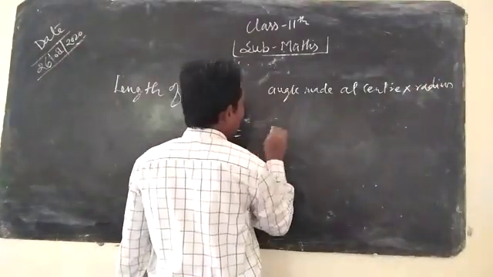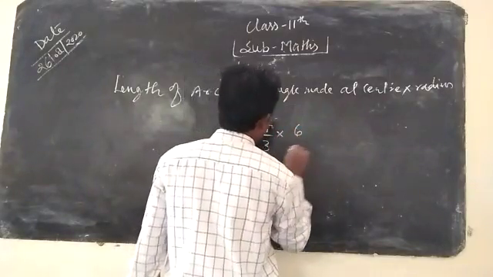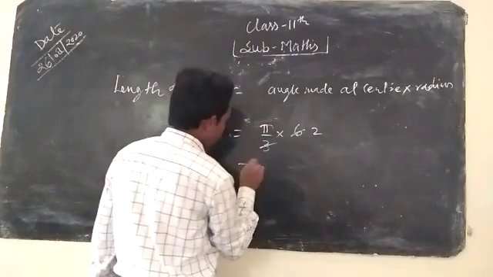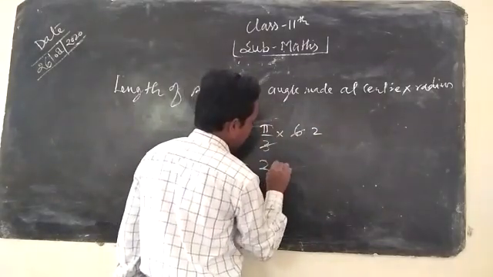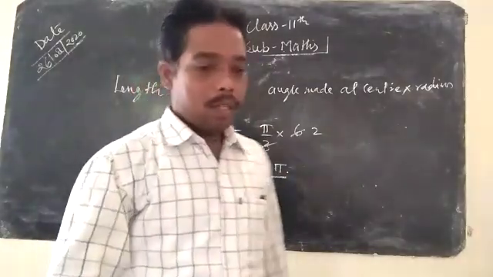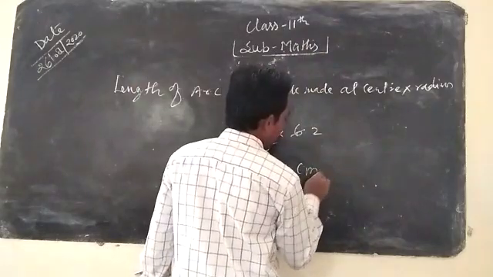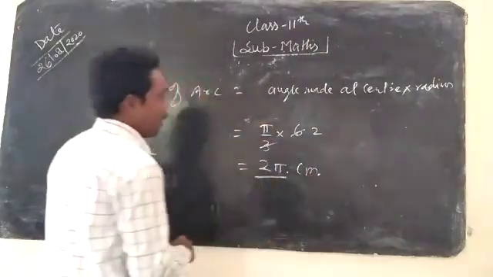Means angle made at center pi by 3 multiply with 6, 3 2s are 6. We get 2 pi. So this is the answer, 2 pi centimeter, since the unit of this is centimeter.